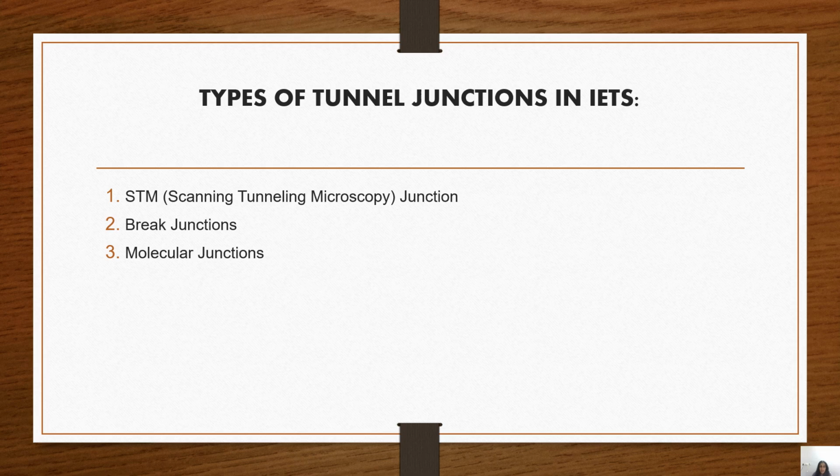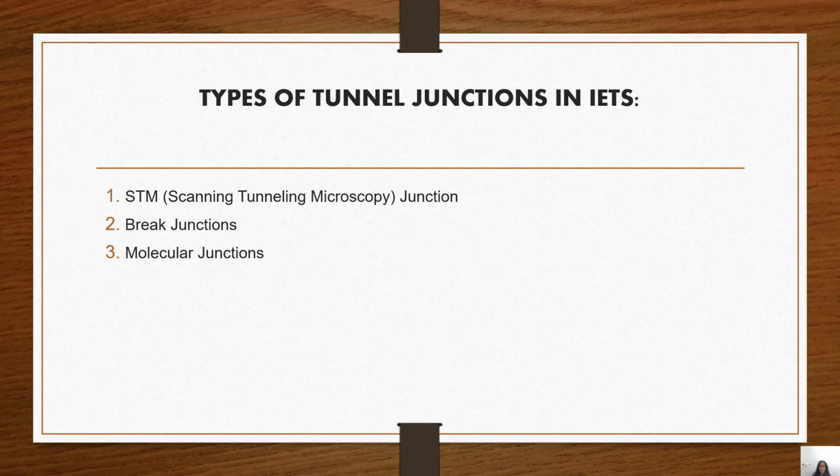Let's study the mechanism of break junction. In a break junction setup, a thin metallic wire is placed between two electrodes. The wire is then pulled or stretched under controlled conditions until it narrows to an atomic scale, eventually breaking. After breaking, a gap forms and the tunneling junction is created between the broken ends.